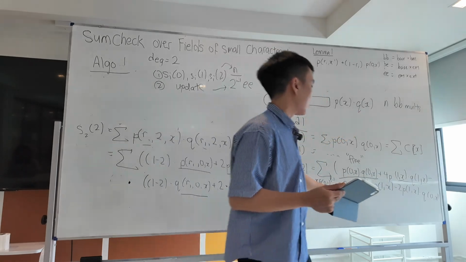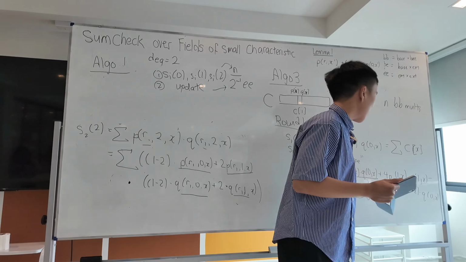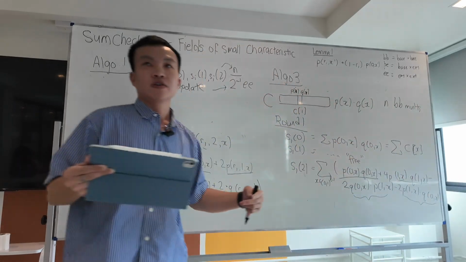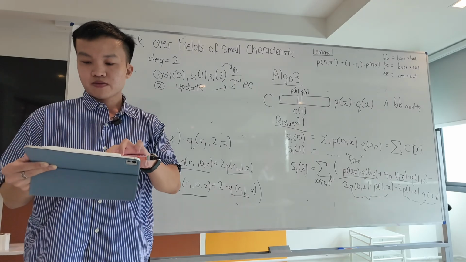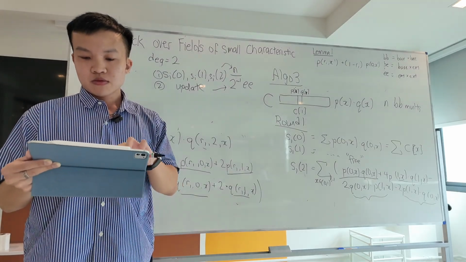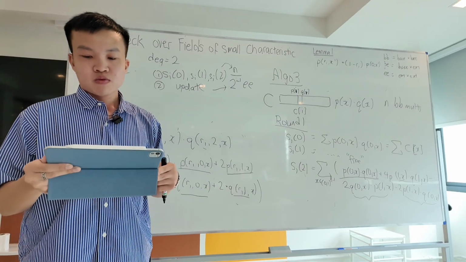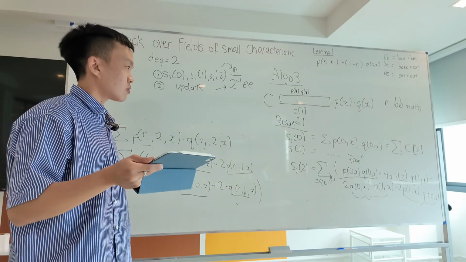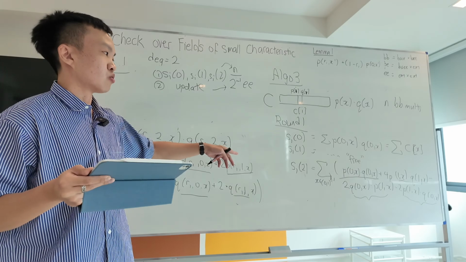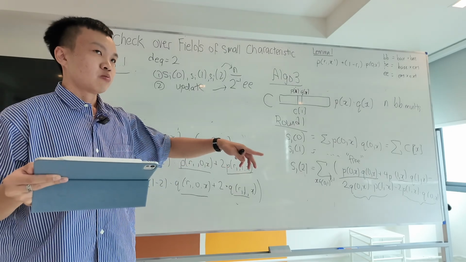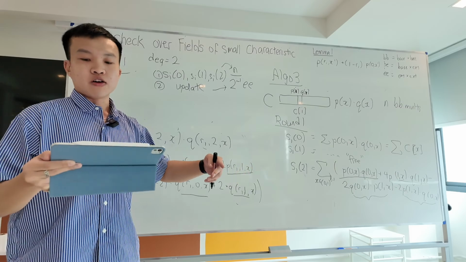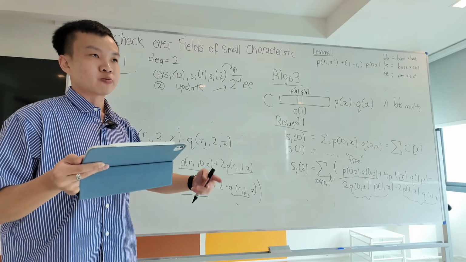And all you have to do is more base field multiplications, cross terms basically. And with S2 of 2, you do a similar thing. But the cost profile blows up because as you go deeper with more random challenges from the verifier, you have more base field multiplications.